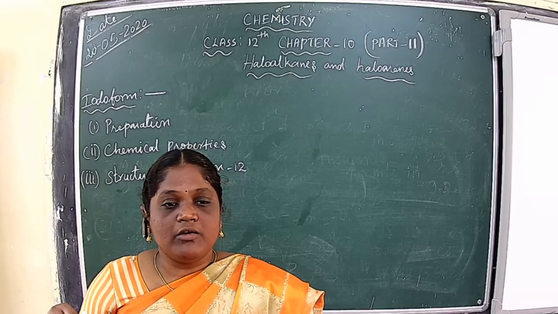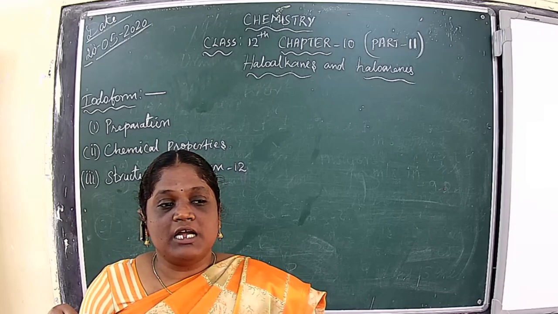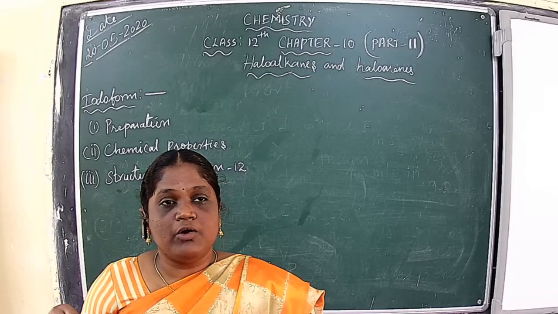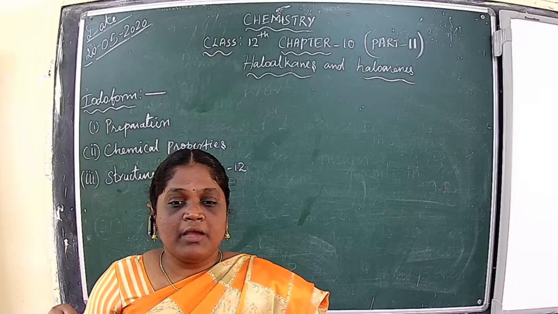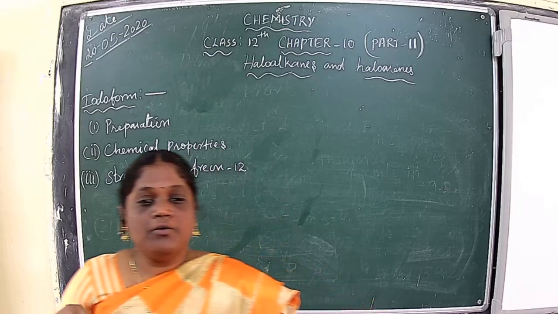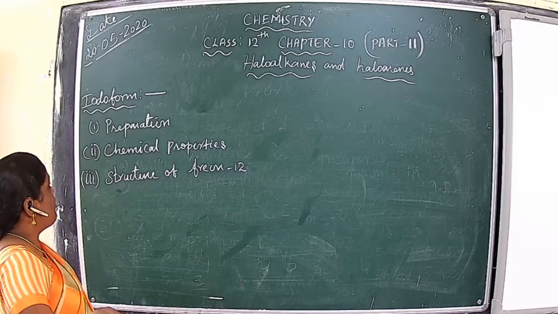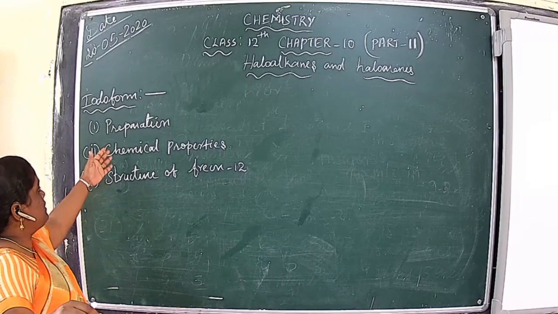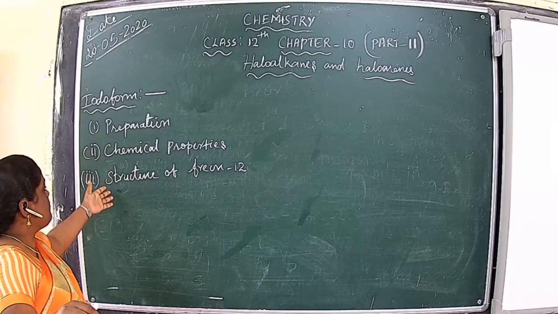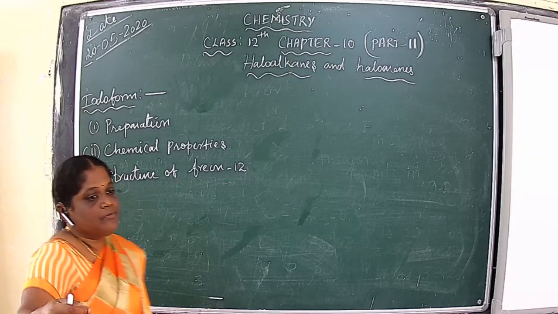Two are there, chloroform and iodoform. Last class we discussed chloroform preparation and chemical properties. In this video I am going to cover iodoform preparation, chemical properties, and after that the structure of freon.